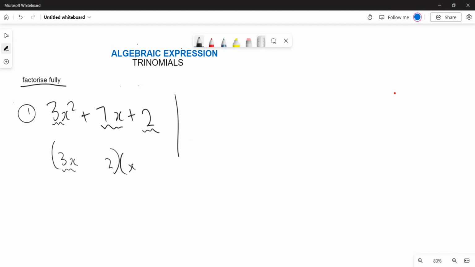So what we are going to do is have 1 here and 2 here, because when you multiply the 3 and the 2, they give you a 6, and 1 and x give you an x, which is going to give us your 7x. So this is going to be plus and plus because both of the signs are positive. So now we have factorized the first one.